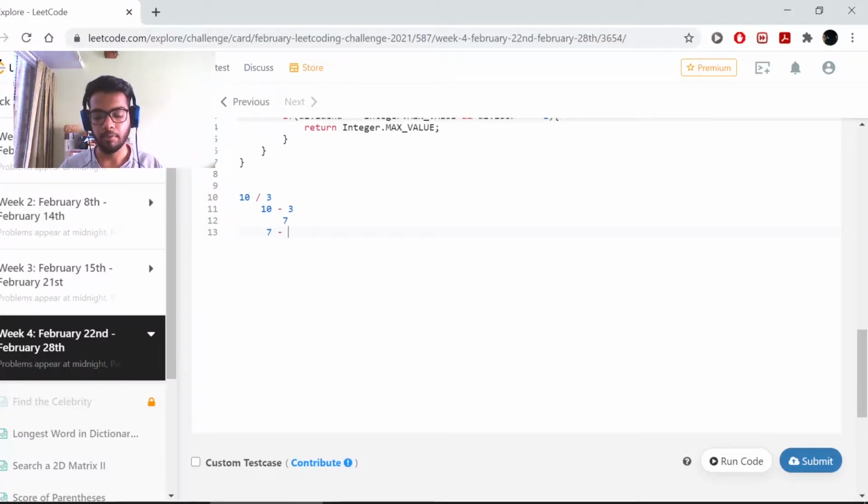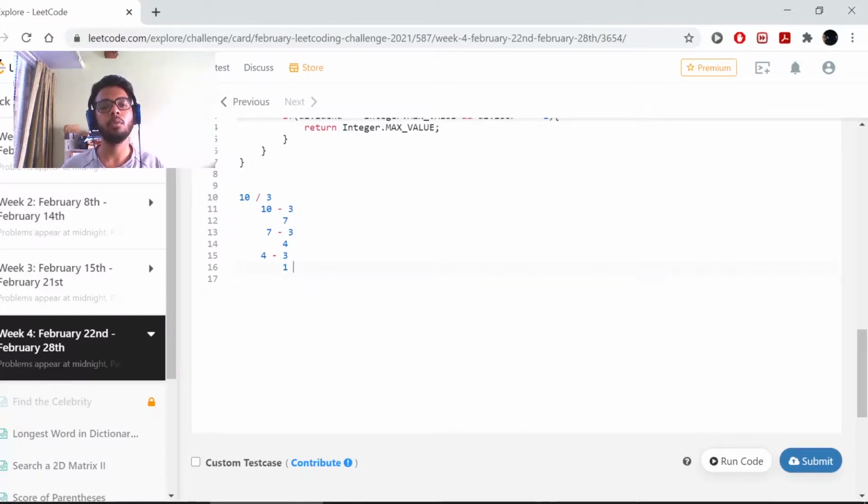So we have a 7, we take away 3. What we have is 4. Let's take away 3 from this 4 also. We have a 1. Let's take away 3 from this 1 also. Oops, we cannot take 3 away from this 1 because it's less than 3.